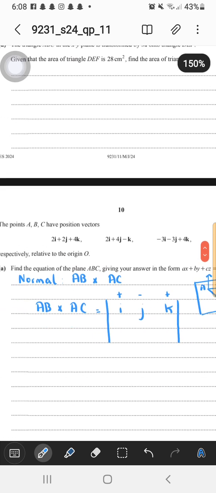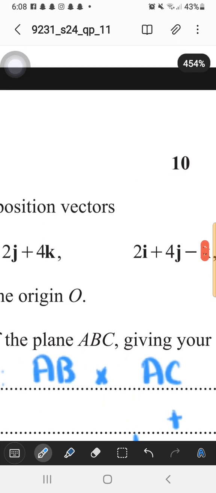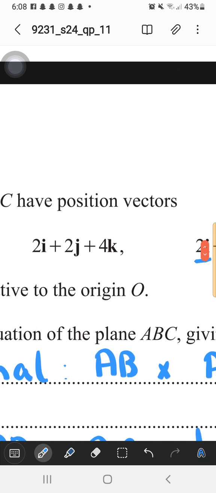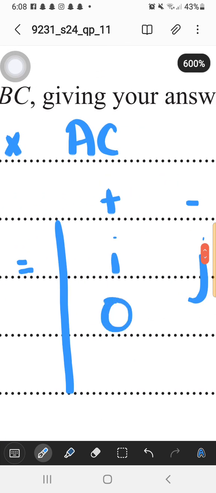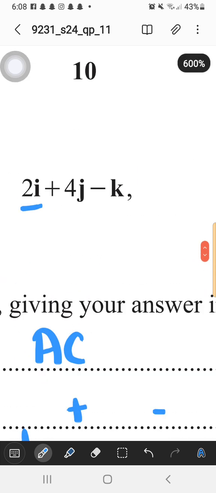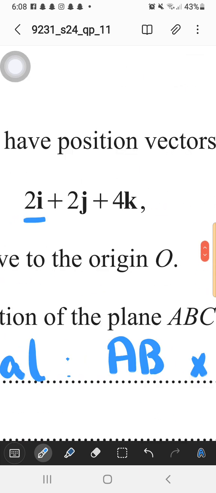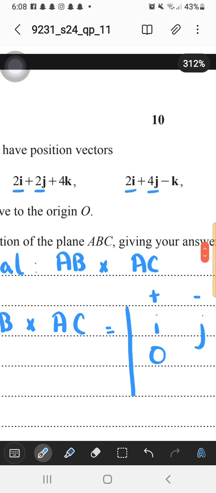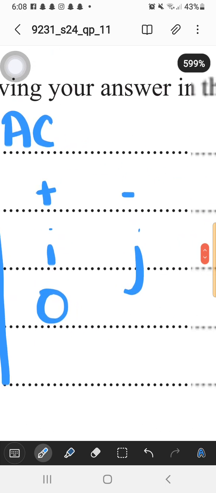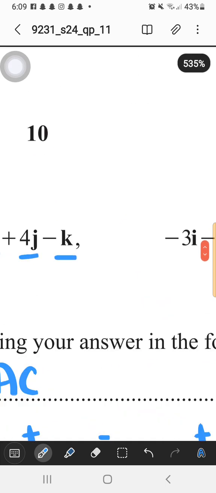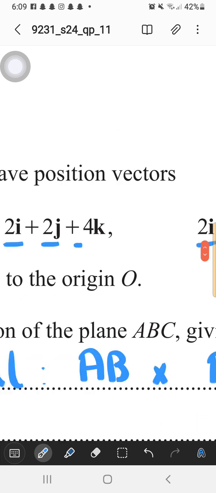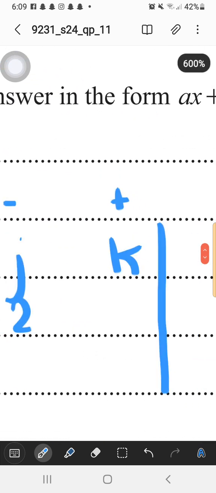So we want AB. 2 minus 2 becomes 0. 4 minus 2 becomes 2. Minus 1 minus 4 becomes minus 5.